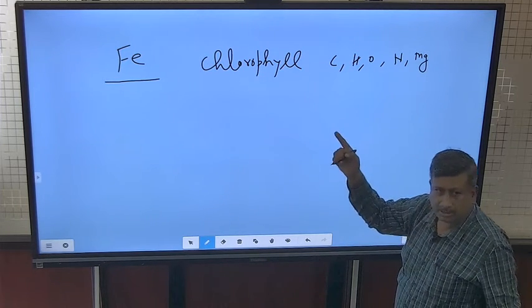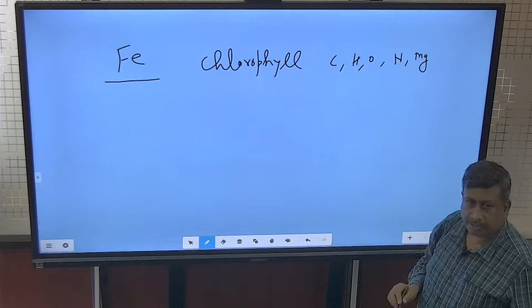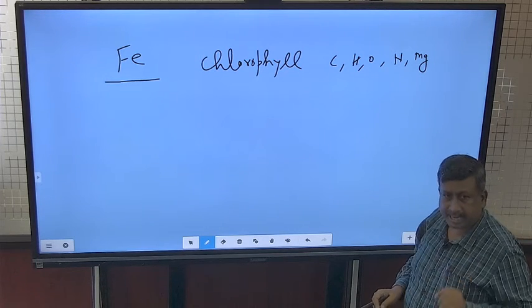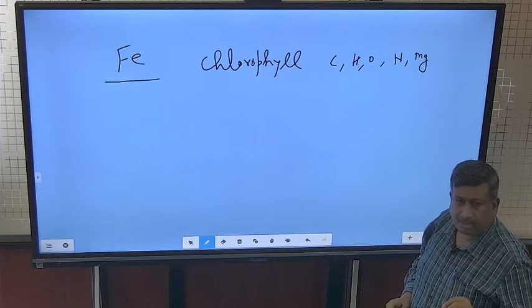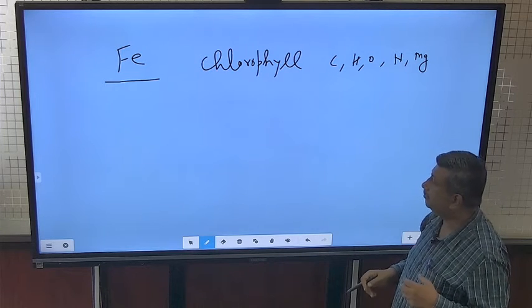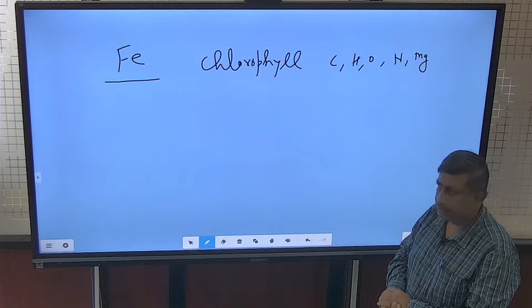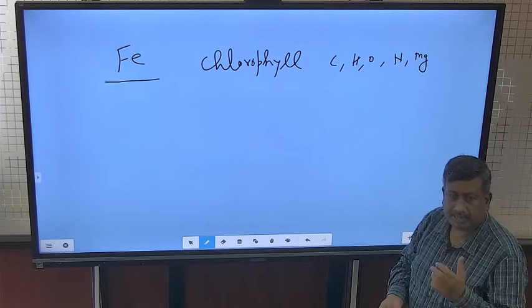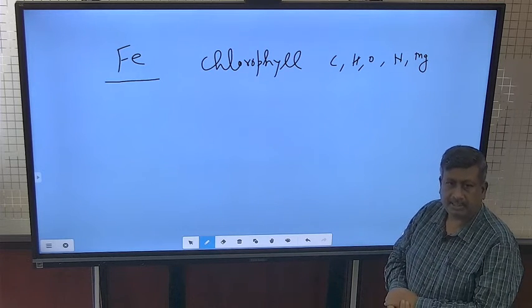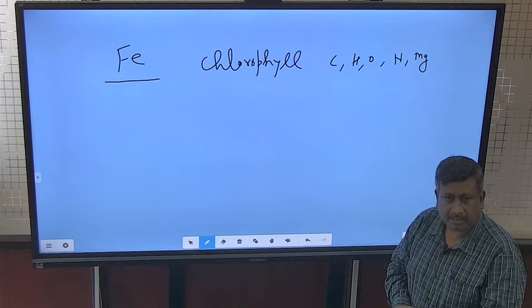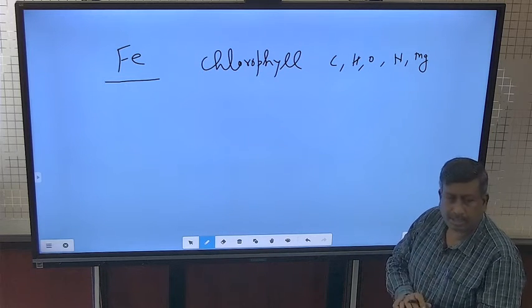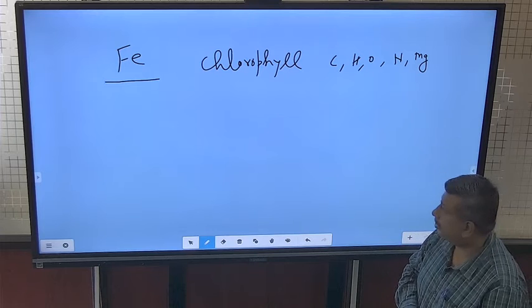Iron is not part of the chlorophyll molecule, but it acts as an activator and is involved in activation of the enzymes involved in chlorophyll formation. This is the reason that when there is iron deficiency, there is loss of chlorophyll and chlorosis occurs. So, this is an important role in chlorophyll formation.